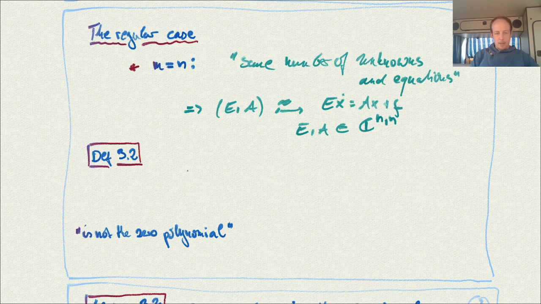Let's take another color. So let E and A be square matrices.